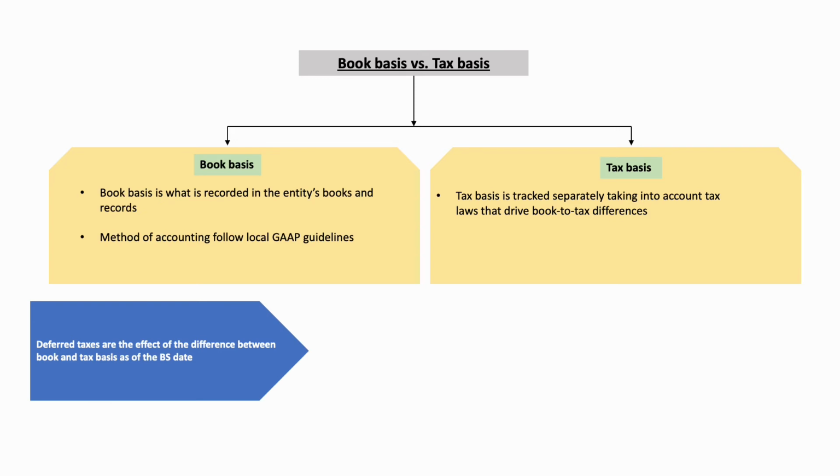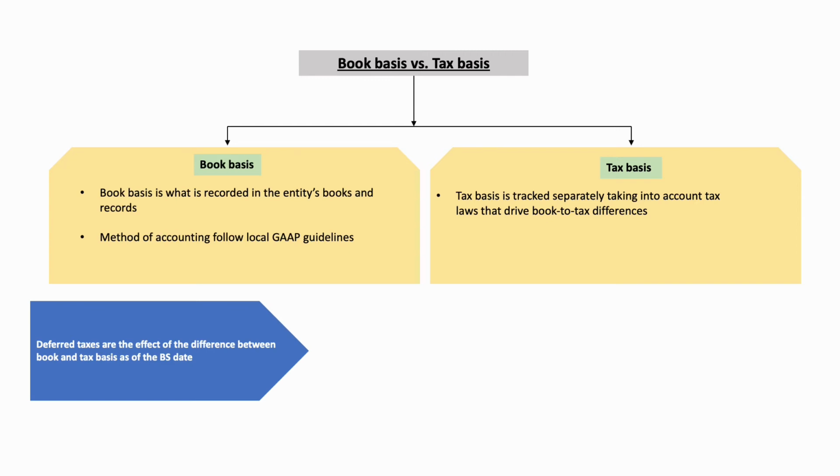So the deferred taxes are the effect of the differences between book and tax basis as of the balance sheet date, which generally is driven by the same financial period which is followed by the tax return.